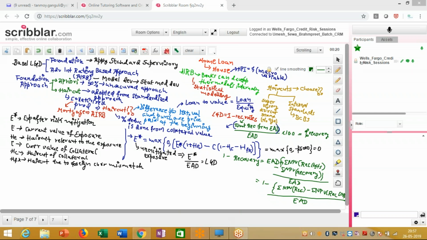Okay, let's say the total exposure is 100 rupees or 1,000 rupees.